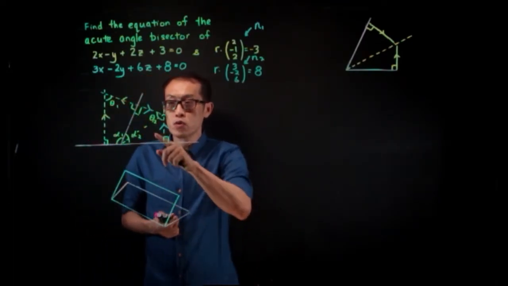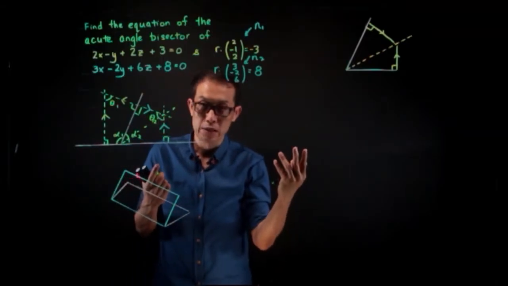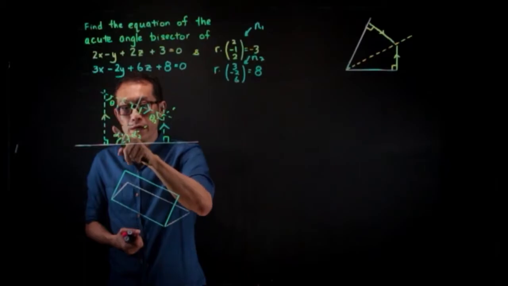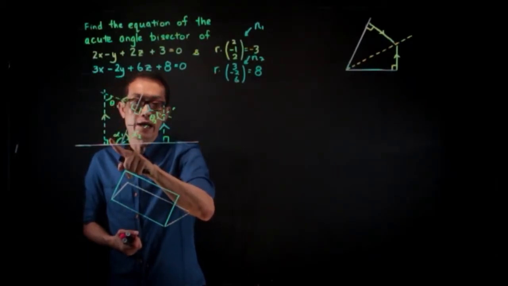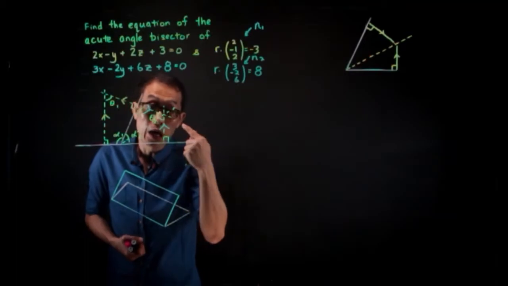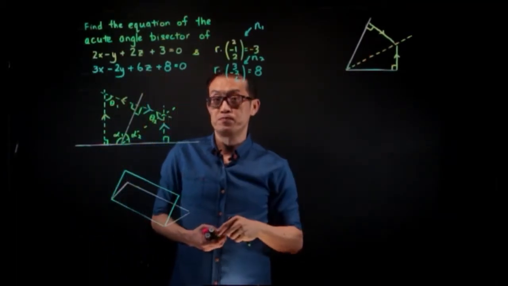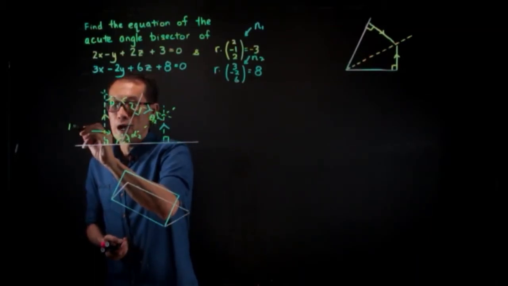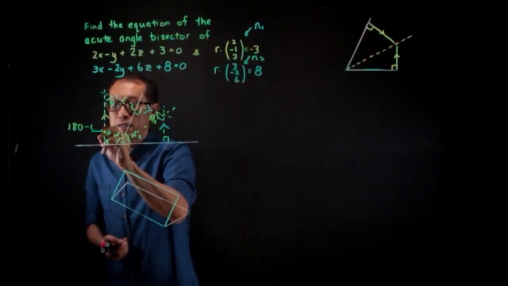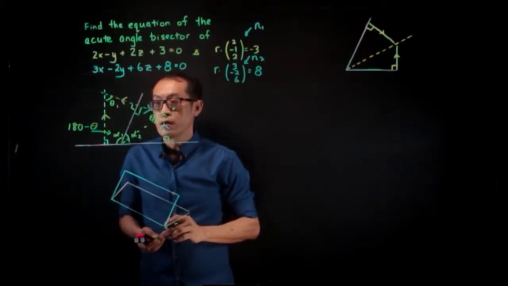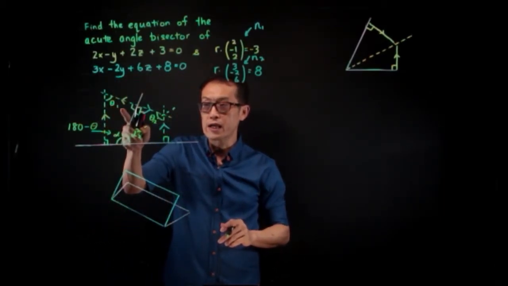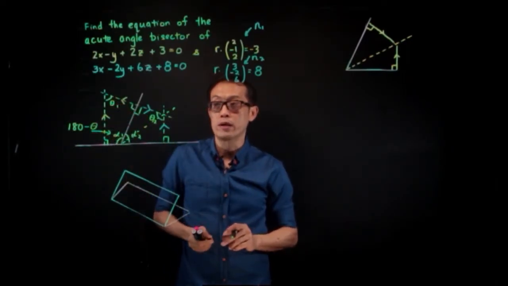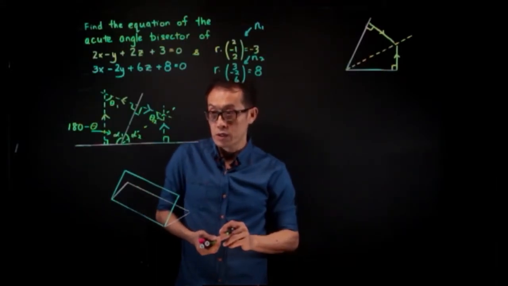What you can do is find the angle between the two normals. Now if the angle between the normals is acute, then the angle between the two planes will be obtuse, because this angle alpha 1 is 180 minus theta. Now if theta is less than 90, if the angle between the two normals is acute, then this angle alpha 1 will be obtuse.